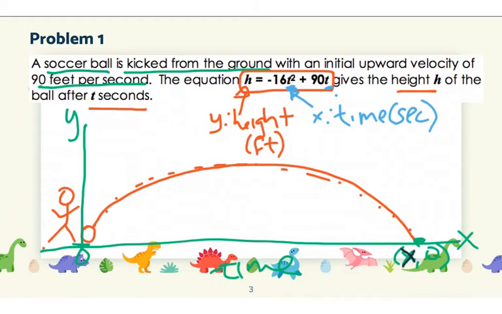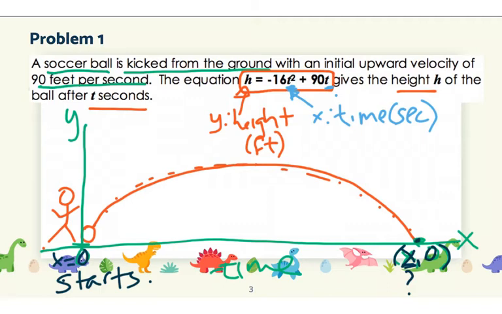Let me put that x. Oh, it looks like XO. So the x value we're still trying to find. Here, we already know the x value is 0, so it starts at 0 seconds. It ends whenever the y value is 0.